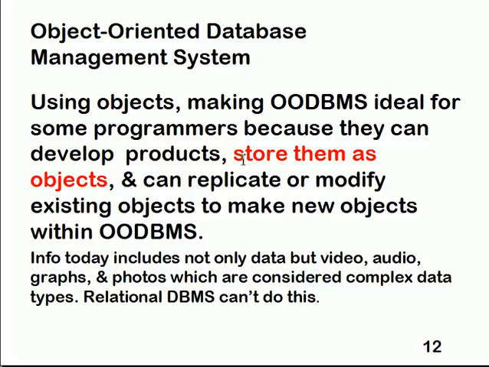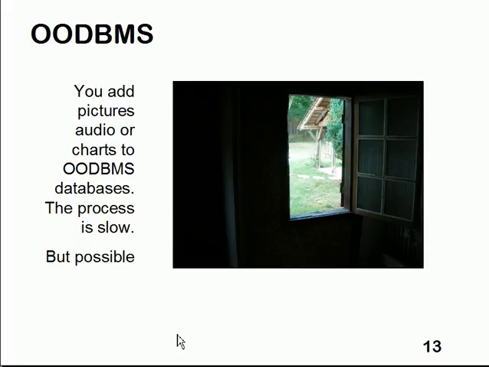What you need to take on board is that it stores products as objects, and can replicate and modify existing objects to make new objects. Video, graphics, audio, photographs, which are considered complex data types. Now, relational database management systems can't do this. You could add this sort of picture without any trouble with a Java object-oriented database system.